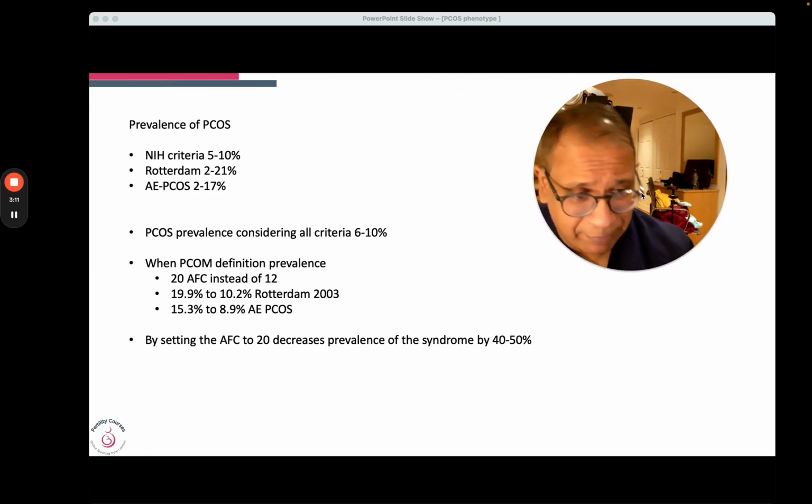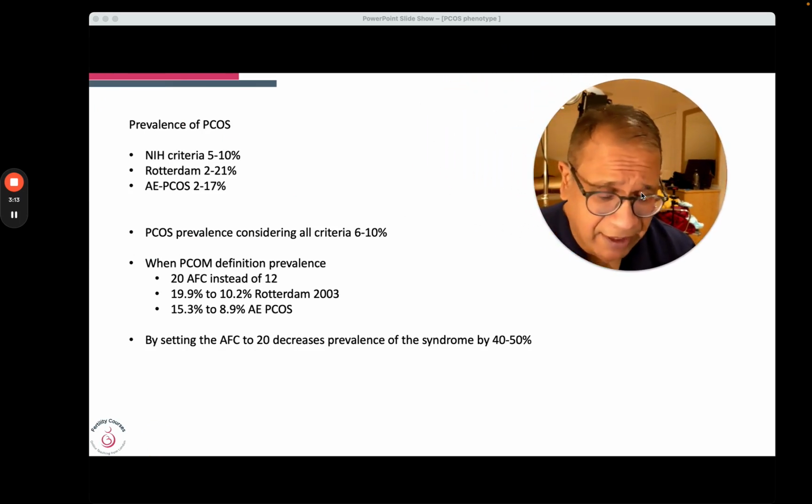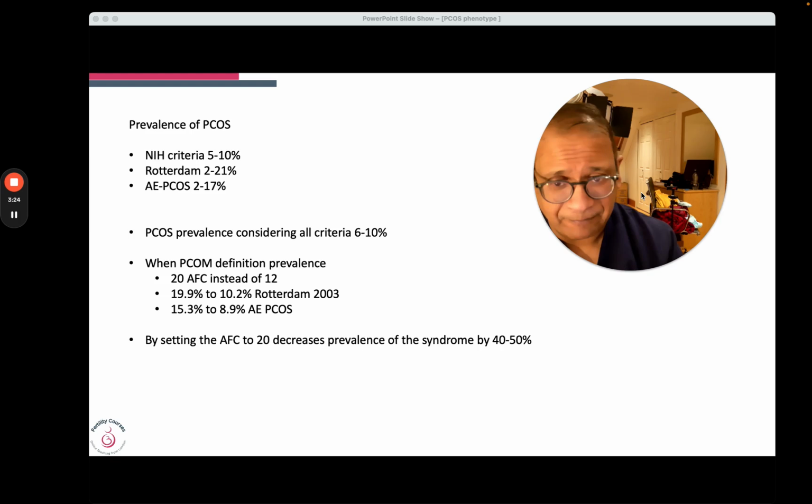So let's look at the prevalence. By the NIH criteria, 5 to 10% have PCOS. Rotterdam, 2 to 21%, and the androgen excess PCOS is between 2 and 17%. Considering all the criteria, it's between 6 and 10%.